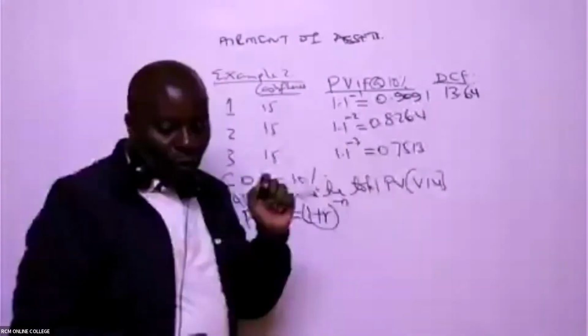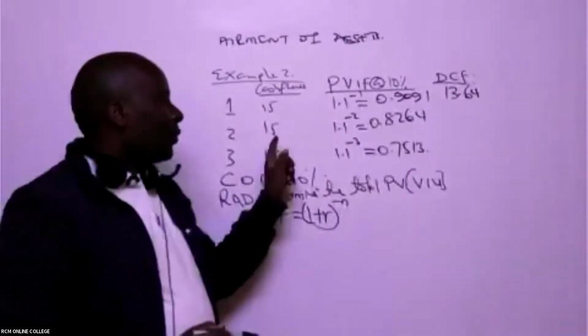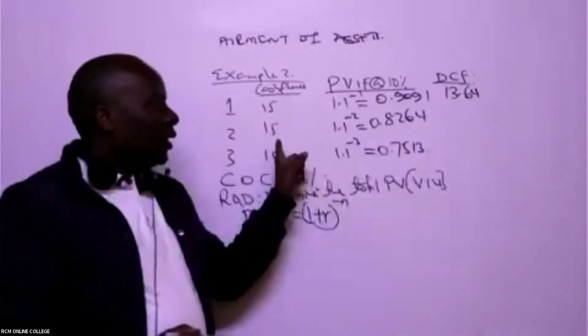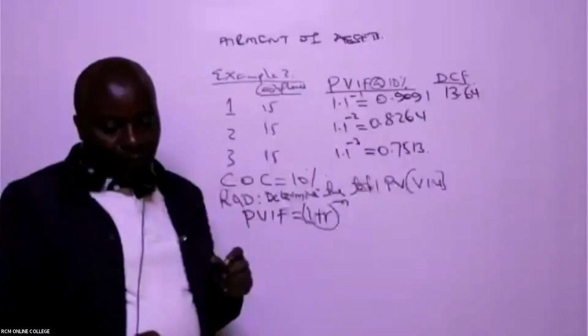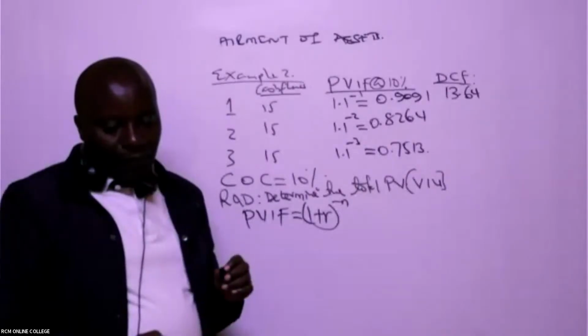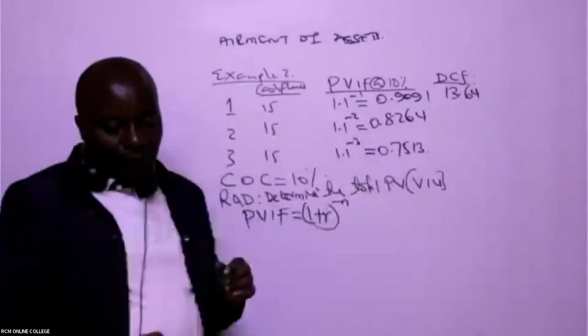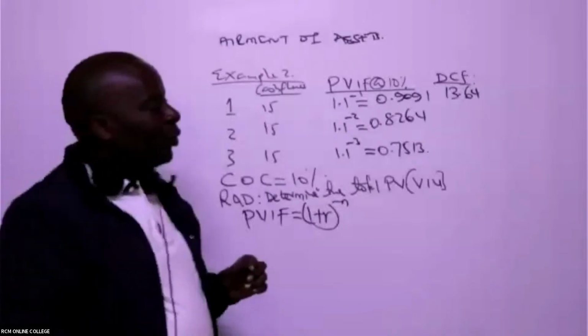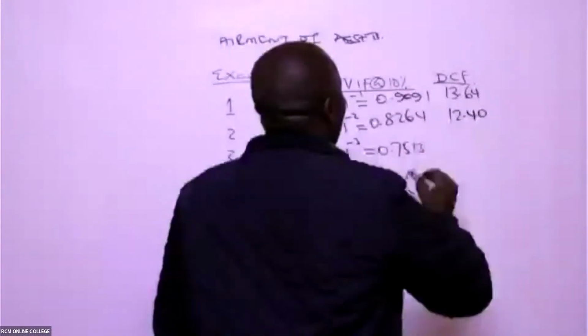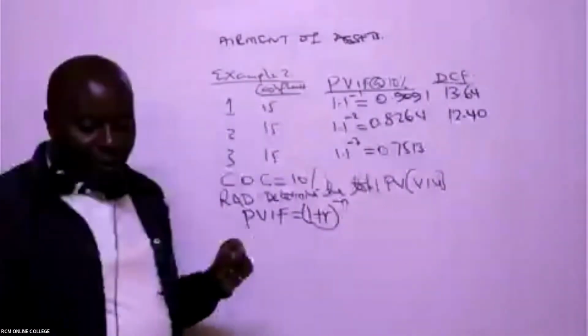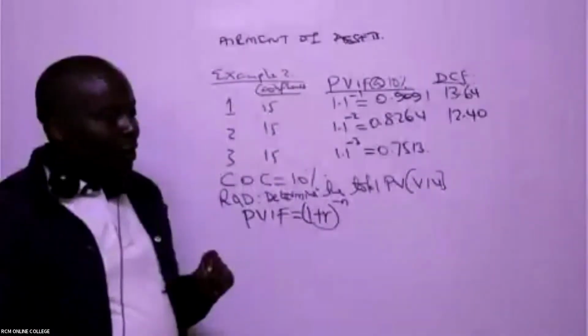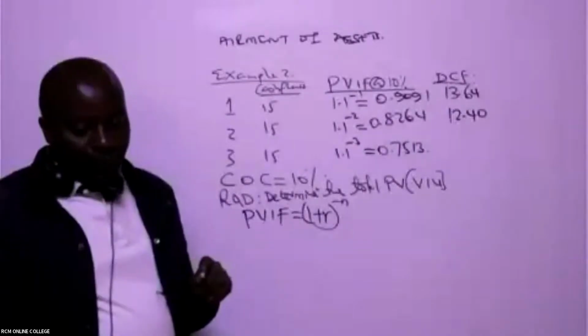And then we have 15 times 0.8264, which is 12.40. And then lastly, we have here 15 times 0.7513.